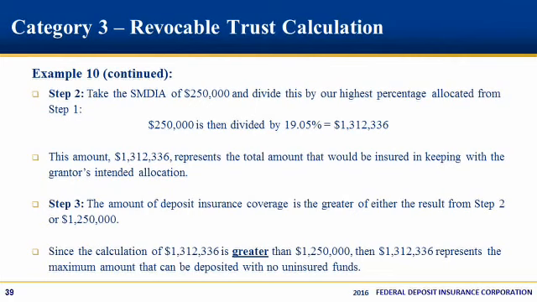Under the revocable trust calculation rules, a depositor naming 6 or more beneficiaries is entitled to the greater of either the result from Step 2, which was $1,312,336, or our default amount of $1,250,000. So unlike our previous example, our formula shows we can exceed the default amount, and John could deposit $1,312,336 using this trust and be fully insured.